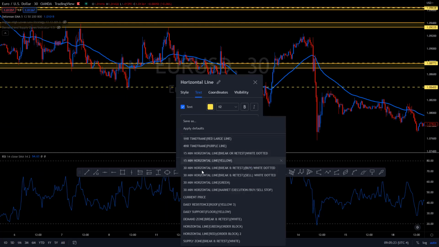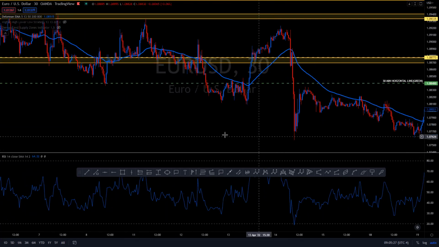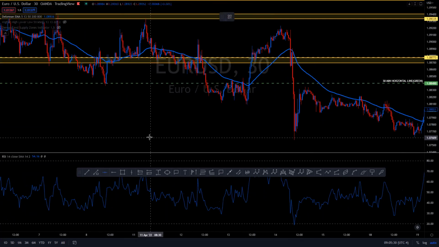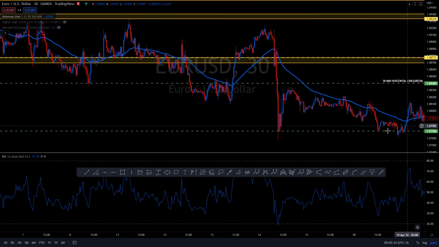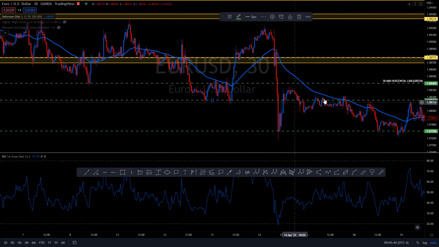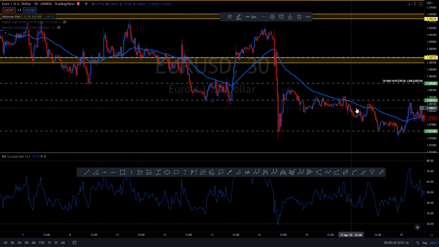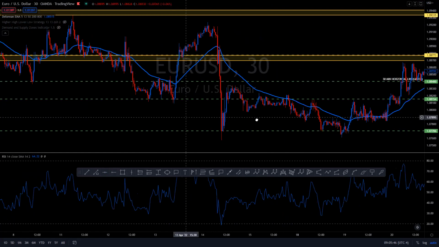So let's make this green. This was definitely a valid demand zone here. Price hit that more than once, and then this was a good demand zone up in this area. Funny thing is, when price broke this area, it respected as a supply zone and pushed down to here. So that's valid as well.